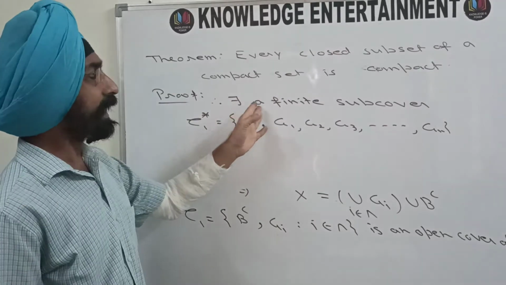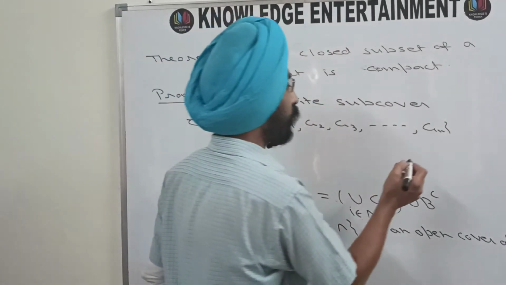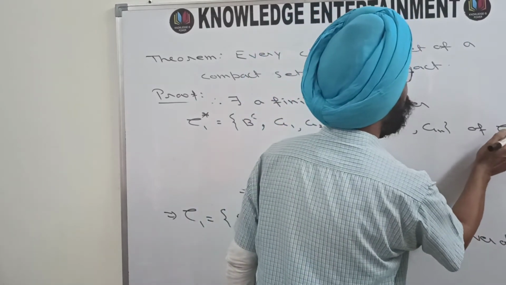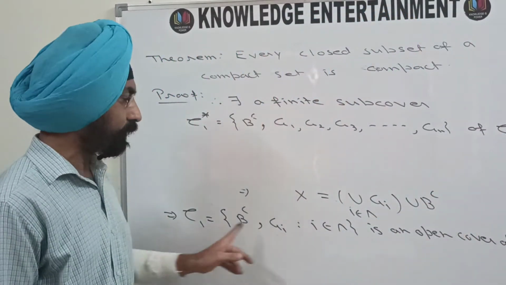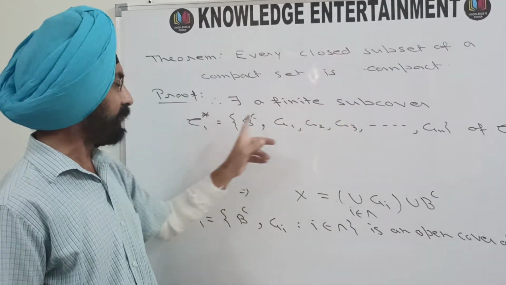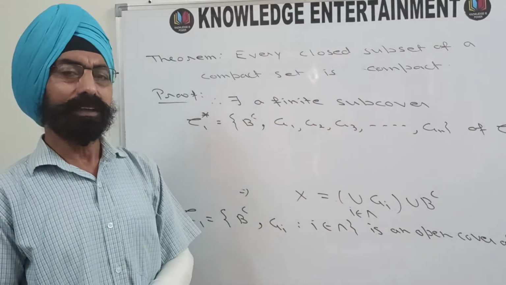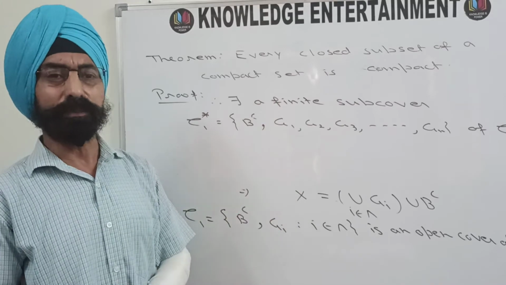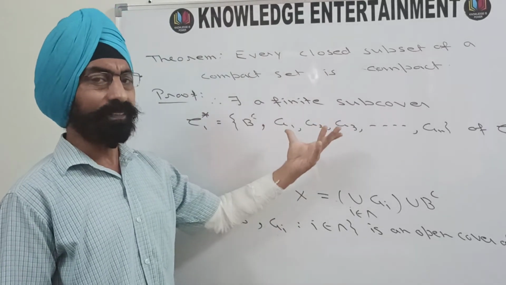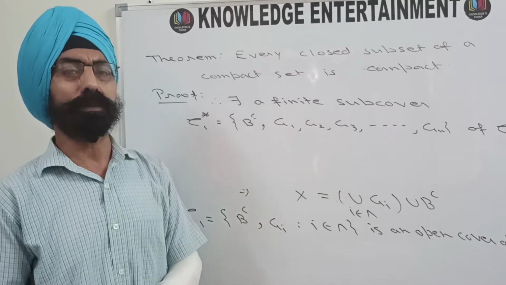So let there exist a finite subcover C1 star of C1. C1 was an open cover of X and X was compact, so therefore there exists a finite subcover of C1. What it means is that this open cover is sufficient to cover the space X.